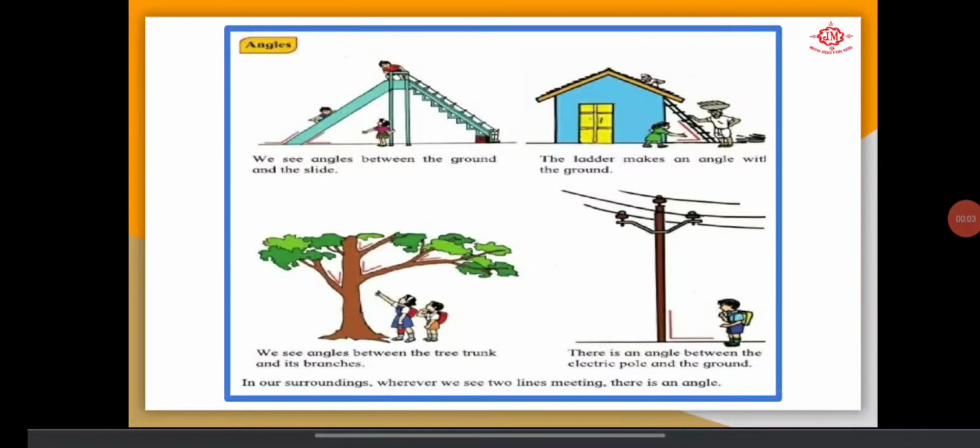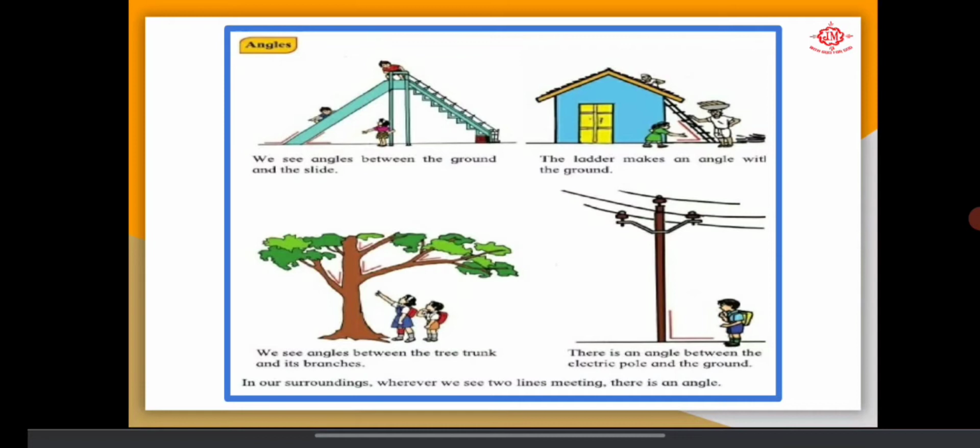Children, looking at these pictures, we can see many angles. Have you ever noticed how angles are formed? We see angles everywhere. In the first picture, we can see angles between the ground and the slide. In the second picture, we can see how the ladder makes an angle with the ground.